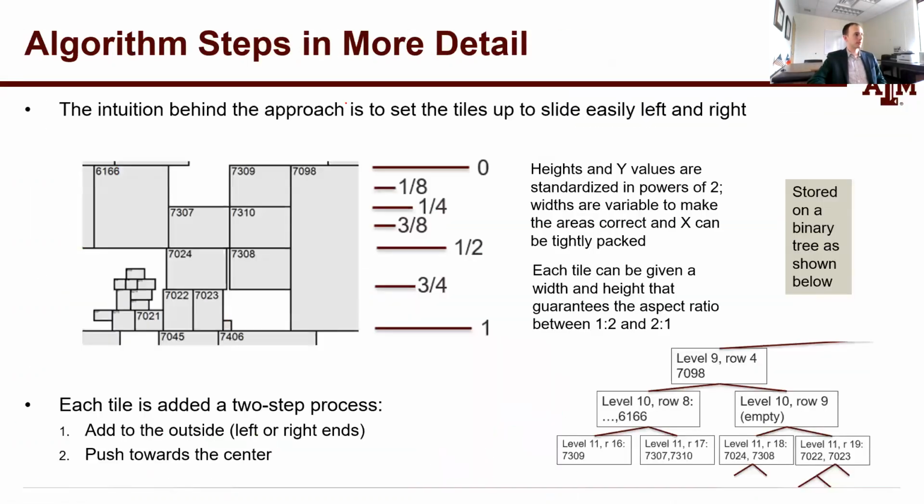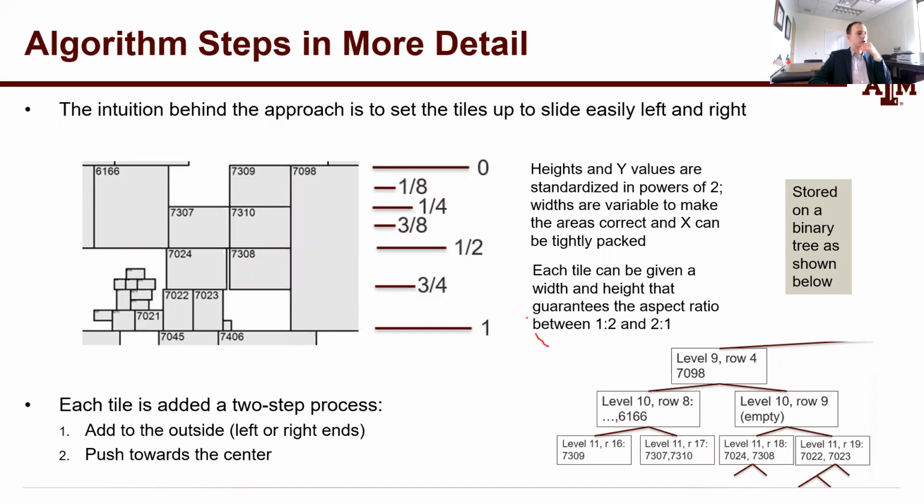Let me go back to where I was showing the algorithm step in more detail. We split the whole display space into these discrete steps that are powers of 2, and we figure out how big a tile will be, give it a width. So the width can be a continuous variable, and that allows us to use any size we want for a tile. And then the height is some power of 2 that's appropriate for that.